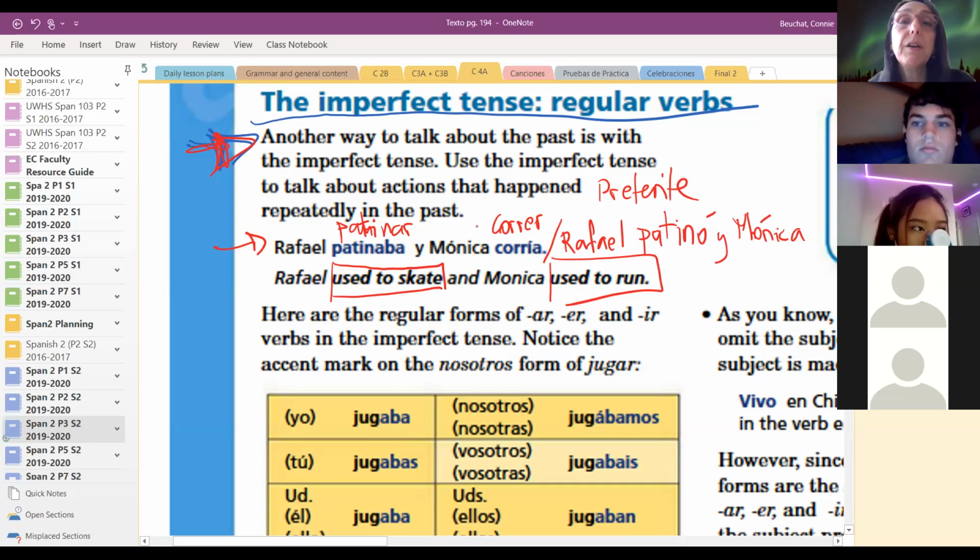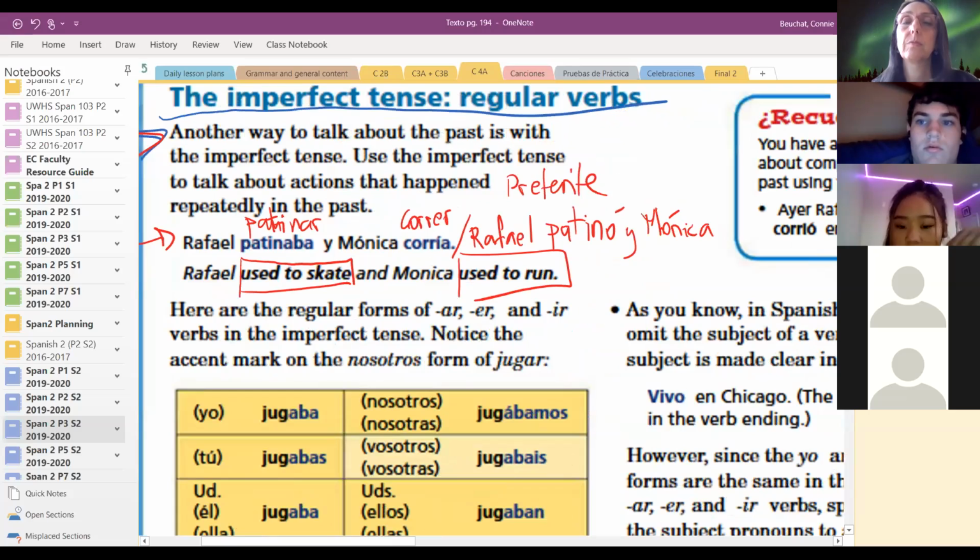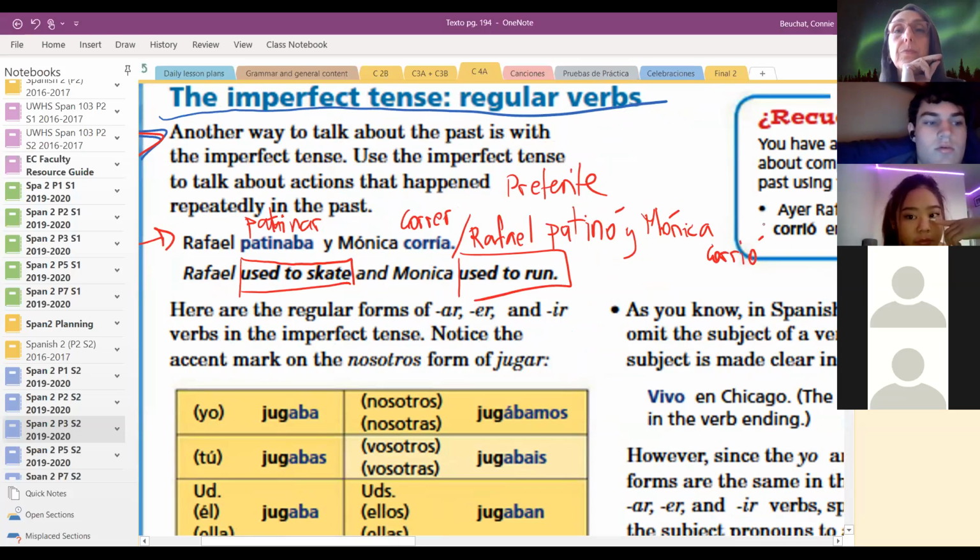What is the preterite of correr? Cici. Wouldn't it be corrió? Sí. Corrió. Okay. Corrió, see? And then the imperfect is corría, and for patinar is patinaba.